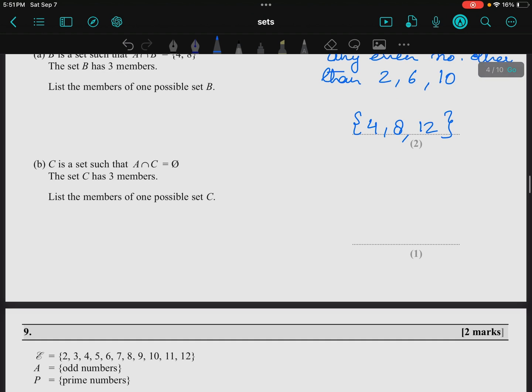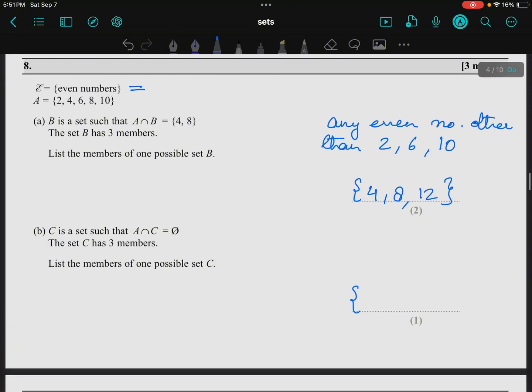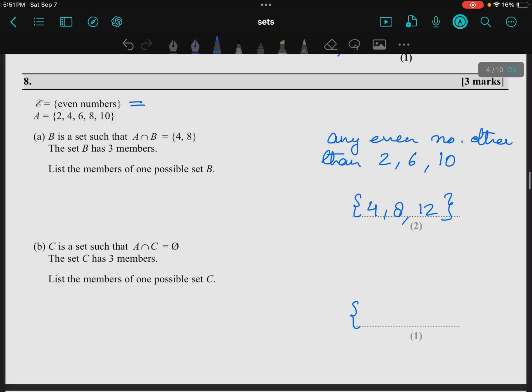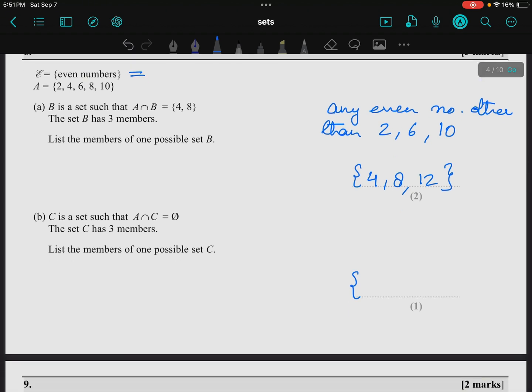C is a set such that A intersection C is the empty set. The set C has 3 members. List the members of one possible set C. So here between A and C, nothing should be common. That is why it is given as the empty set. Set C has 3 members.